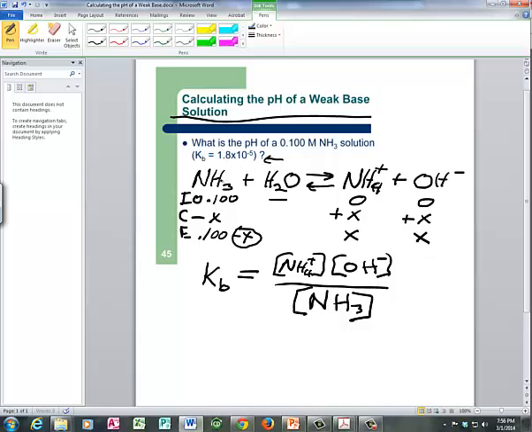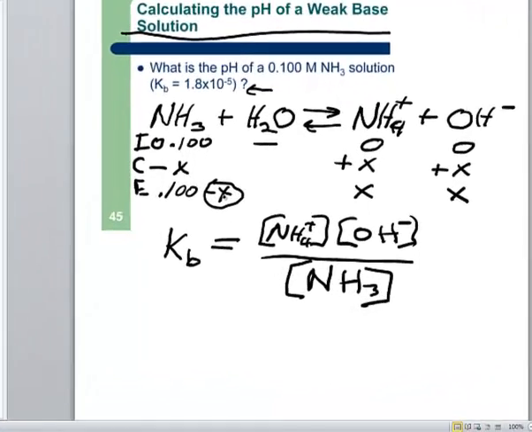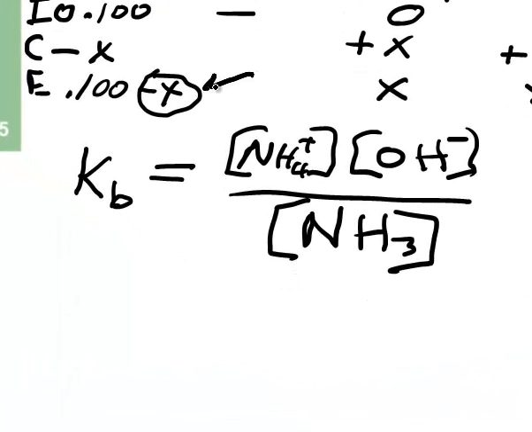This indicates that ammonia will not do a great deal of hydrolysis, only to a small degree, so much so that since the Kb is at least 1,000 times smaller than the initial concentration of 0.1 molar ammonia, we can ignore this X. It will be small enough that the resultant equilibrium concentration of ammonia will be very close to what it is right now. But we should check once we get to the end of our calculation.